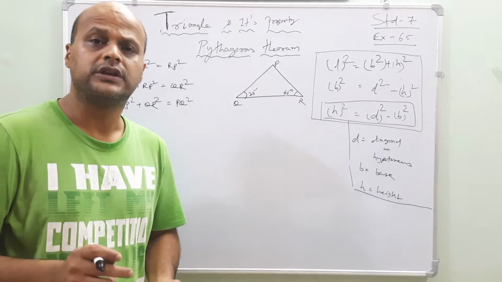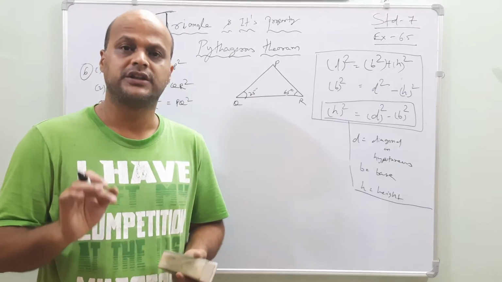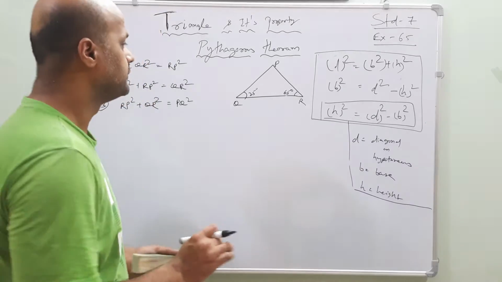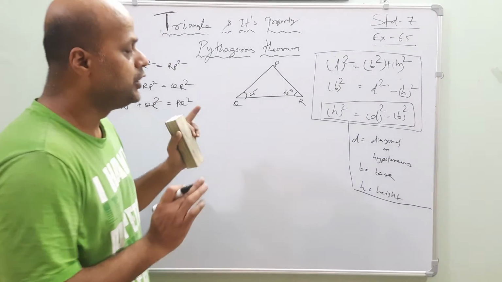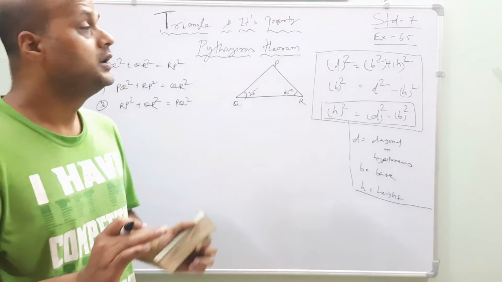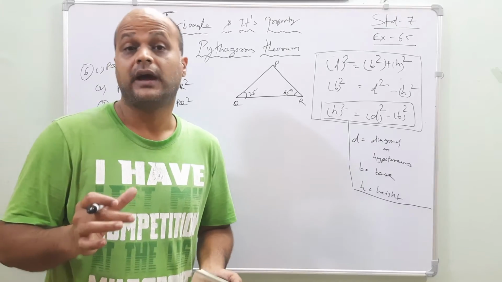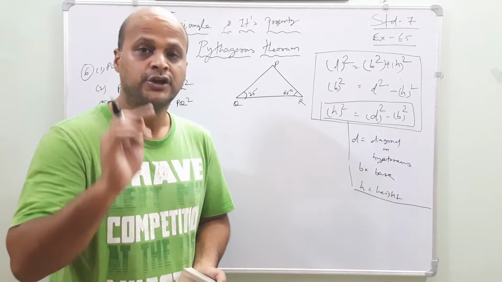Okay. Before going to the Pythagoras theorem, what do you have to do? Yes, you have to know the length of the sides. Yes or no? First find out the value of the sides. But here no value of the side is given, only angles are given. But you have to remember how to find the sides if the angles are given. Understood, my dear friends? So one by one.